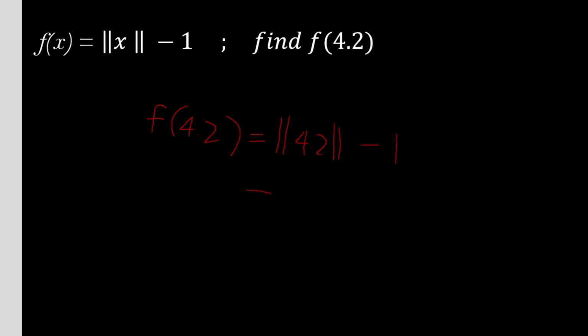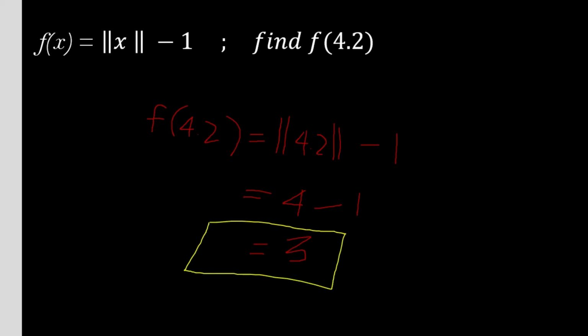So rounding 4.2 to the nearest whole number, we have 4. Since 2 is less than 5, the rounded value is 4, minus 1. So subtracting 4 minus 1, the answer is 3. So therefore the value is equal to 3.